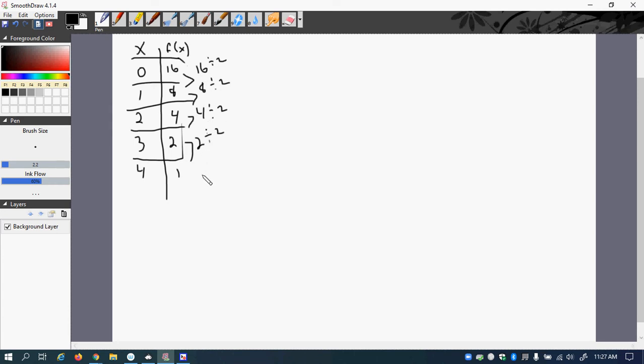So we can see that the a factor is a half. And here's where it starts, the initial, so I know my c is 16. So if we have f of x equal to c times a to the x, it looks like it's going to be 16 times 1/2 to the x power.